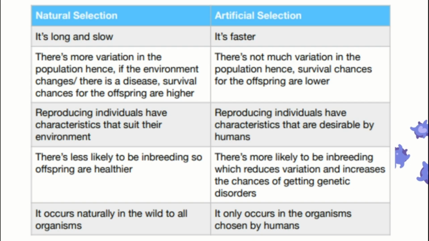Artificial selection, there's more likely to be inbreeding and the chance of getting genetic disorders, because just in general, not even just with animals, it's a general rule of life that it's almost like mating with somebody from the same family. And there's a reason why, there are ethical reasons why you wouldn't want to mate within your family or anybody you're related to. Ethical reasons, right?